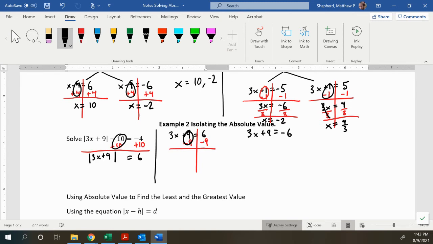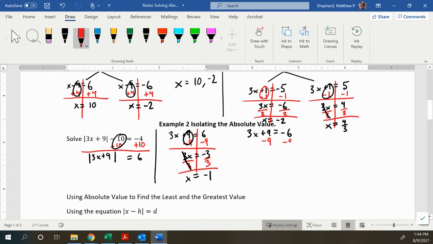So 9 minus 9 is 0. 3x plus 0 is 3x. 6 minus 9 is a negative 3. Now we'll divide both sides by 3, and because 3 divided by 3 is 1, we have 1x, and negative 3 divided by 3 is negative 1. So there's our first answer.